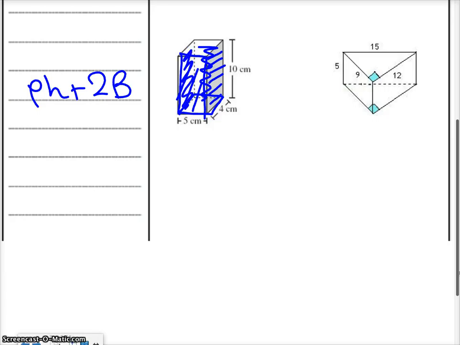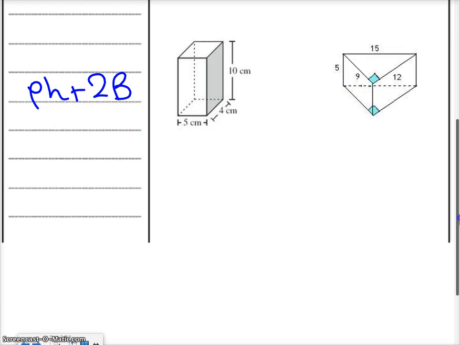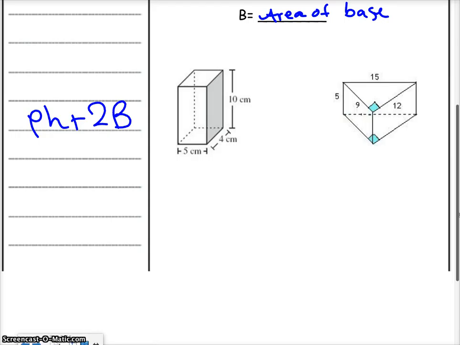So what Ph is really doing is finding the surface area of everything aside from the base of the prism. Okay, let me restate that, and I want all eyes up here. I see a lot of zoning out. So, one more time, what Ph covers: if I times the perimeter by the height, it gives me that front area, the back area, the side area, and the other side area.